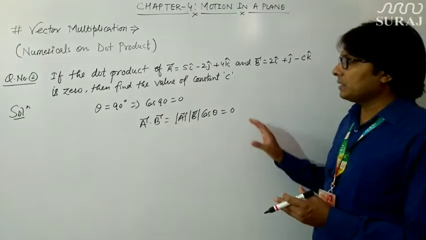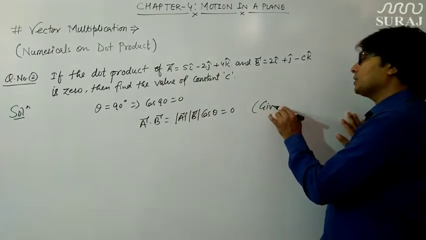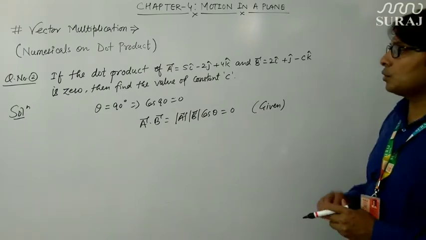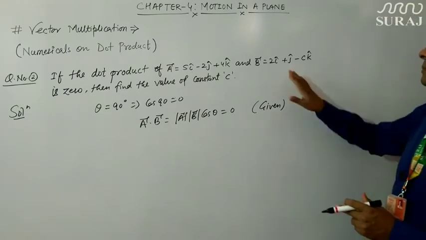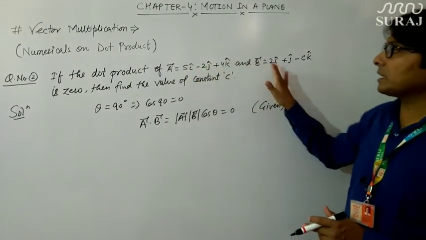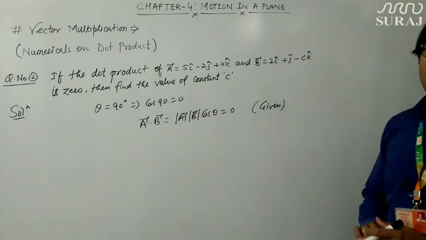So we have been given this condition that the dot product of these two vectors is equal to 0. Okay, so what we are going to do, we will simply calculate the dot product of these two vectors and put it equal to 0, then we can find out the value of c.